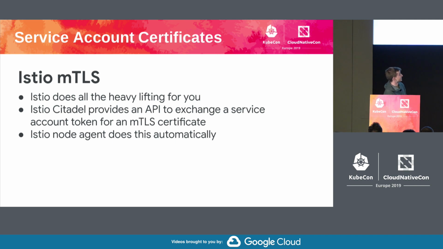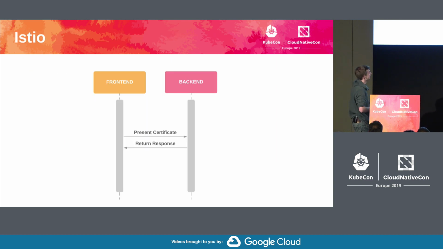The Istio node agent actually automatically does all this for you and exposes those TLS secrets to your pod automatically. So if we do decide to adopt Istio, we get back to the picture that we like, where we're only worried about the things that we care about. The front end has a certificate, it presents it to the back end, mutual authentication is established, and the response is returned.